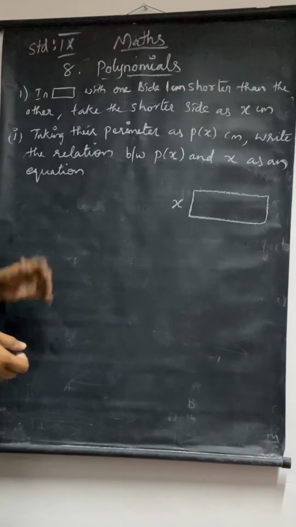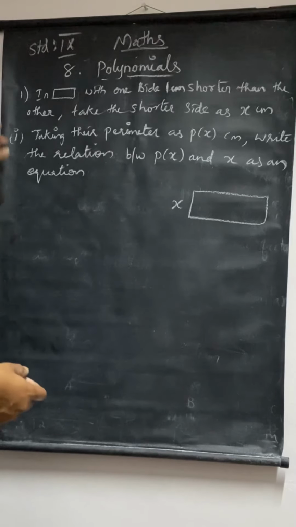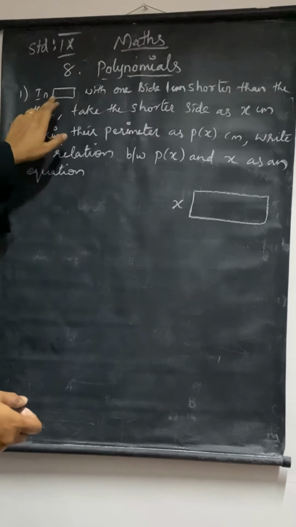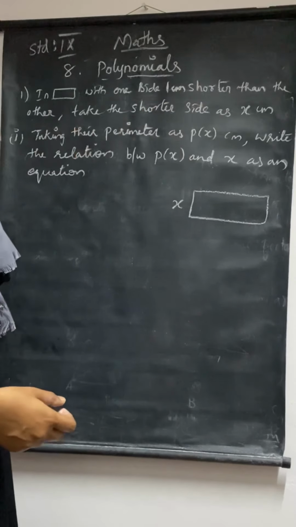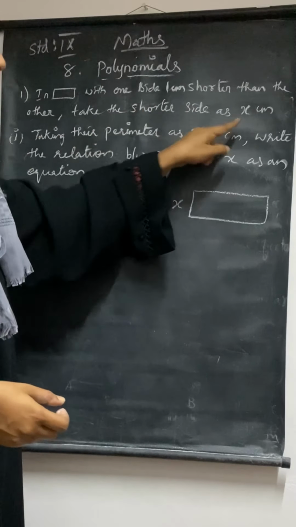Move on to the problem, page number 123. You can see one question. First question: in a rectangle with one side 1 centimeter shorter than the other, take the shorter side as x centimeter.